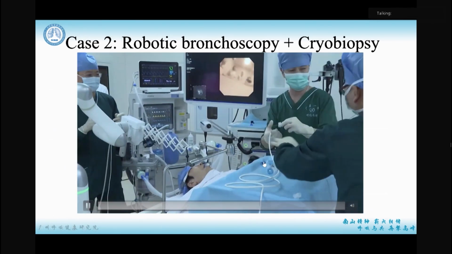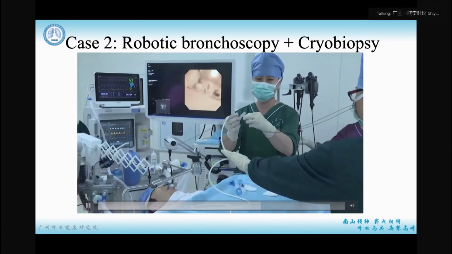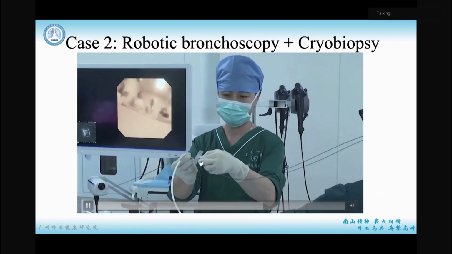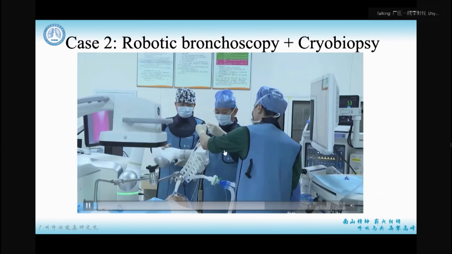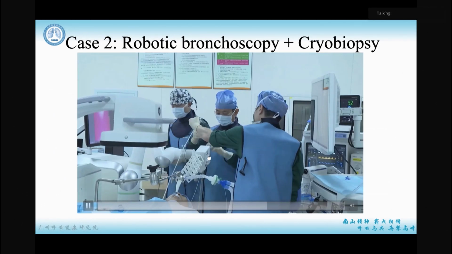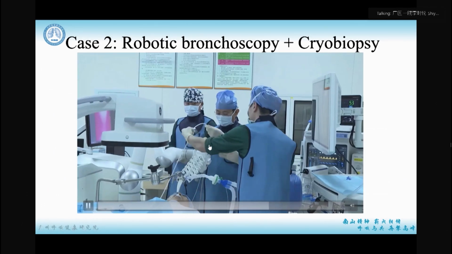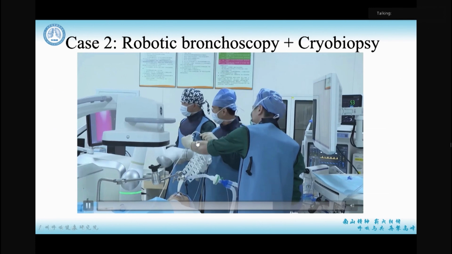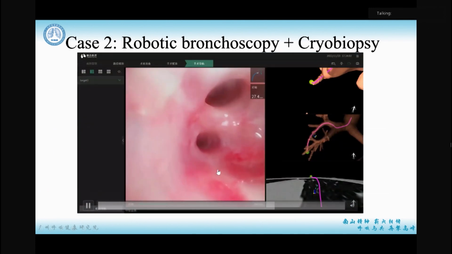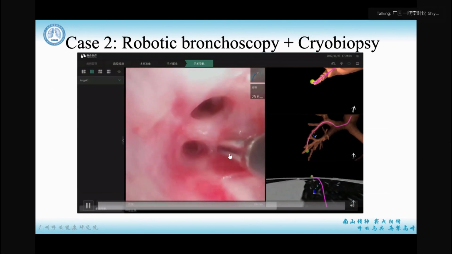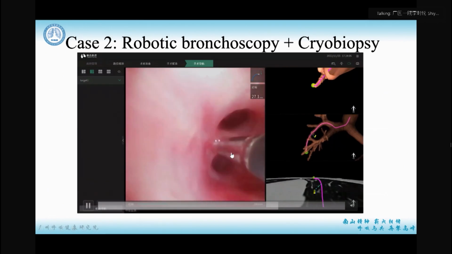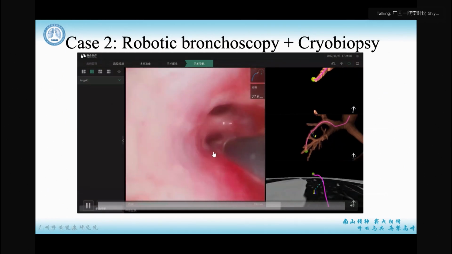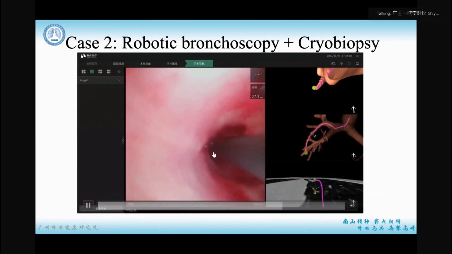After confirming the lesion with ultrasound, we measured the length with the forceps and the cryo probe. Then we inserted the cryo probe into the lesion and took a cryobiopsy.